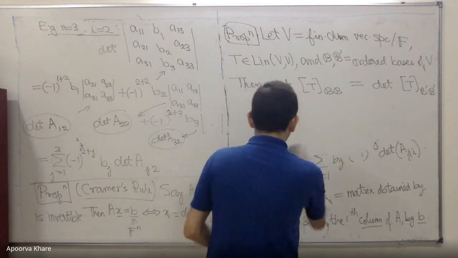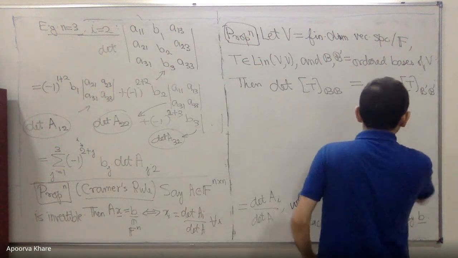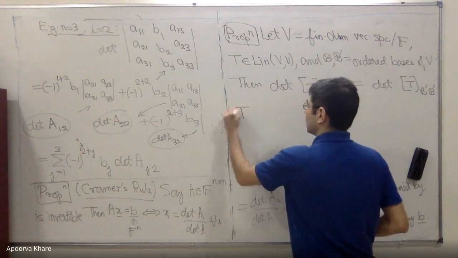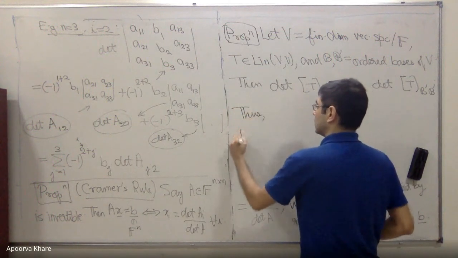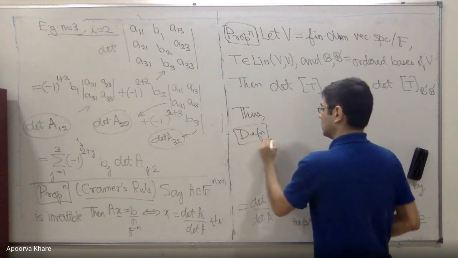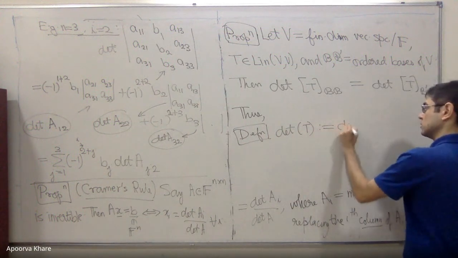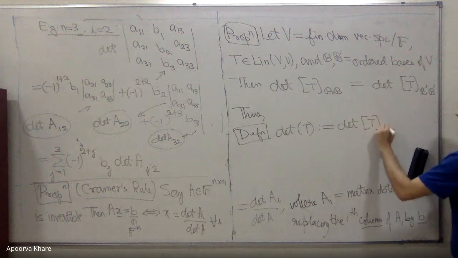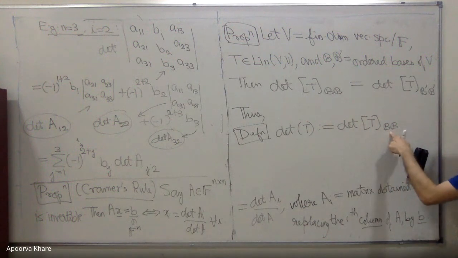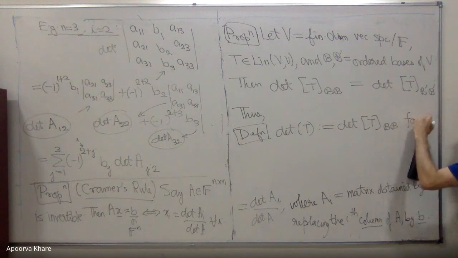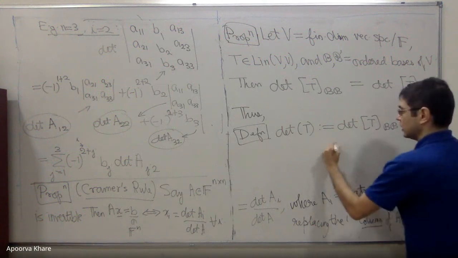That is the definition. So as a consequence, the determinant of T is defined to be the determinant of T with respect to any ordered basis.